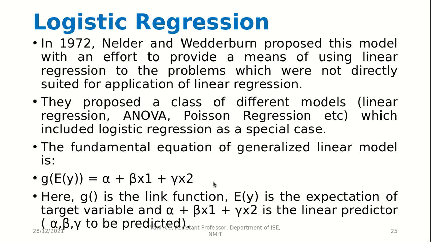The alpha can be assumed as the bias, then this is the weight for x1 and this is the weight for x2. Now g is the link function and E of y is the expectation of the target variable. This is obviously the linear predictor, so alpha, beta and gamma are to be predicted.